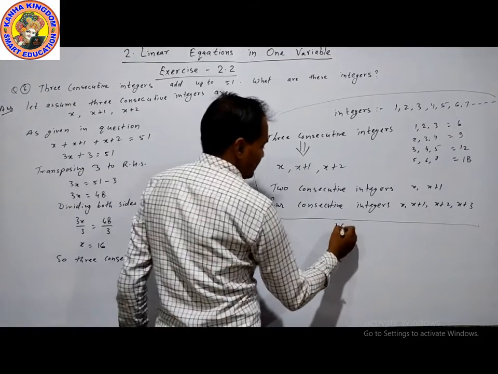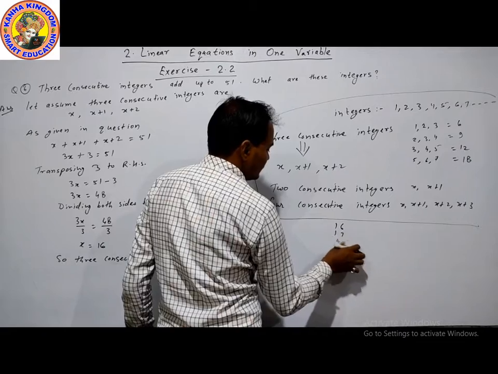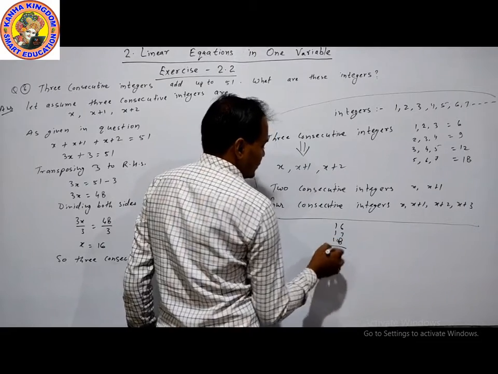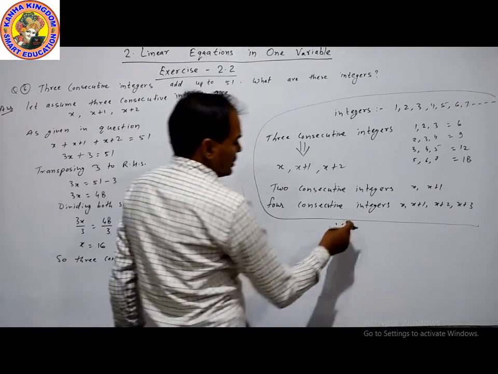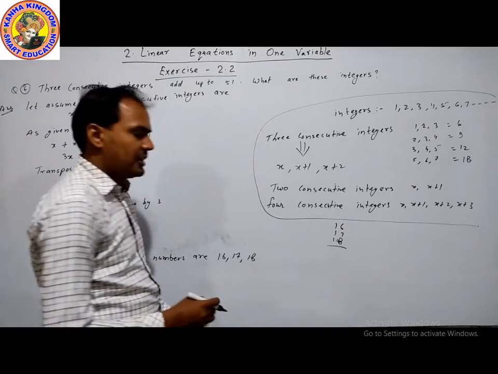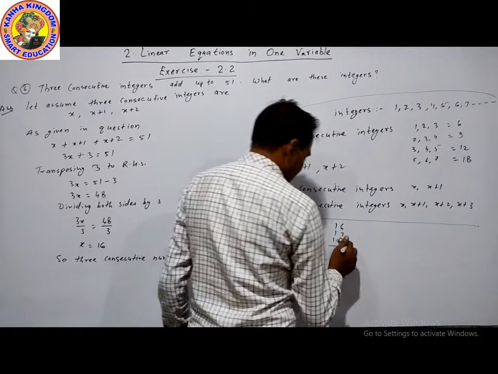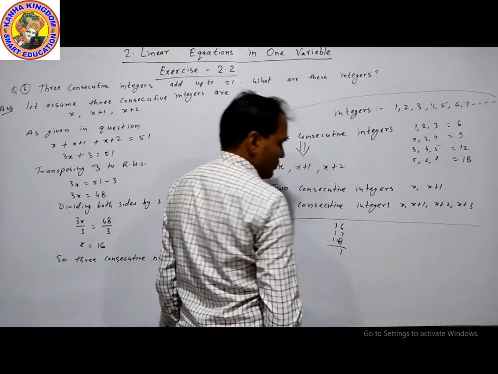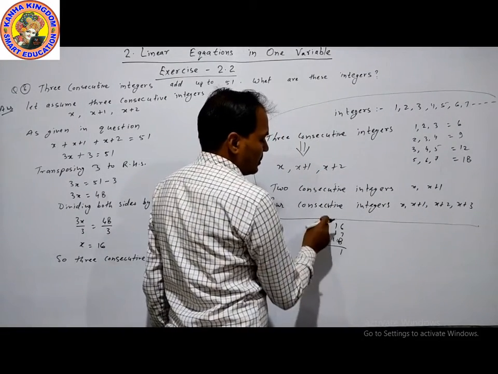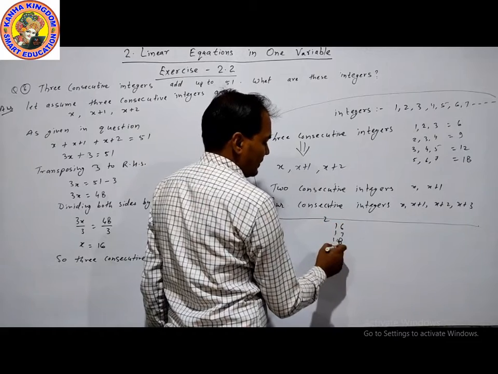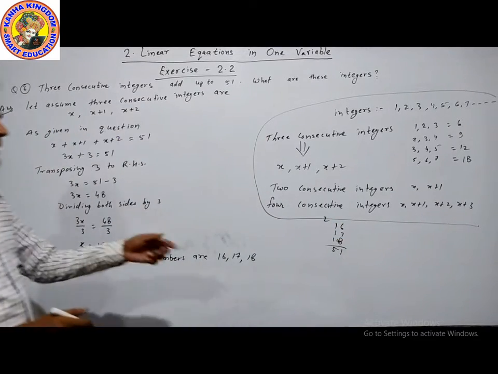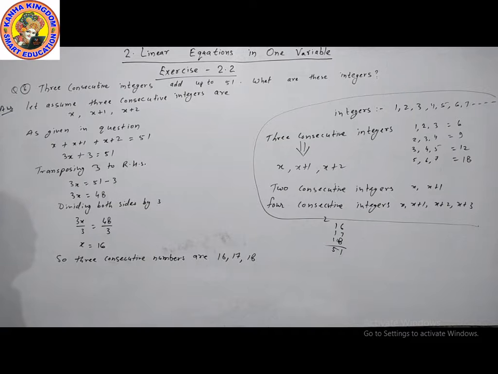We can add these numbers: 16 plus 17 plus 18 gives 51. The answer is 51. The addition of these numbers is 51.